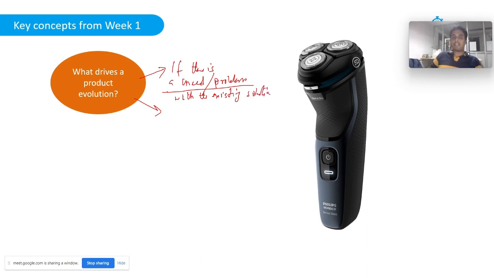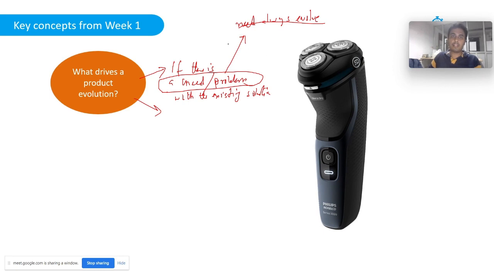Okay, and the particular point about need is that need is always evolving. A need always evolves, and that's the reason why products always evolve. And whenever a need gets saturated, you have a product saturation.